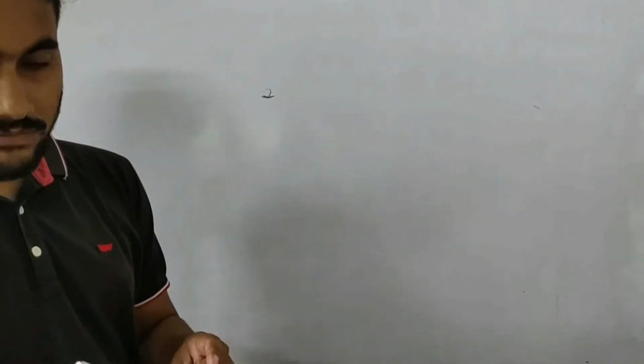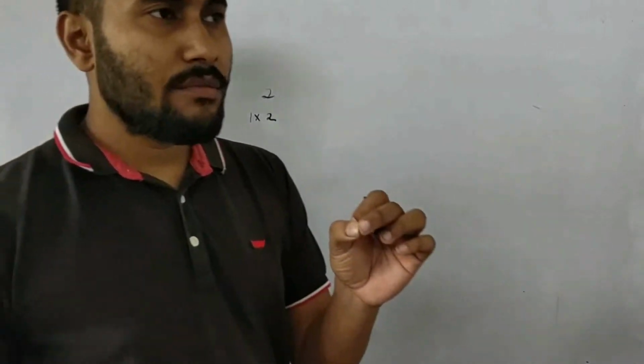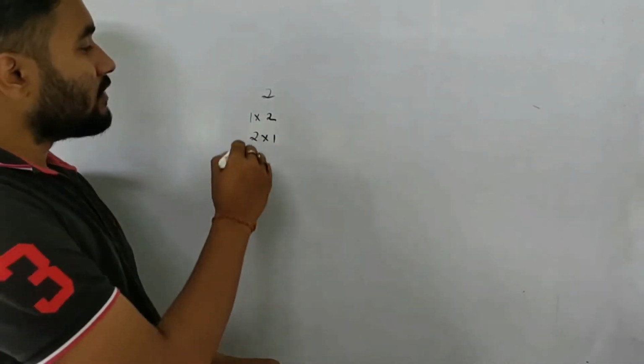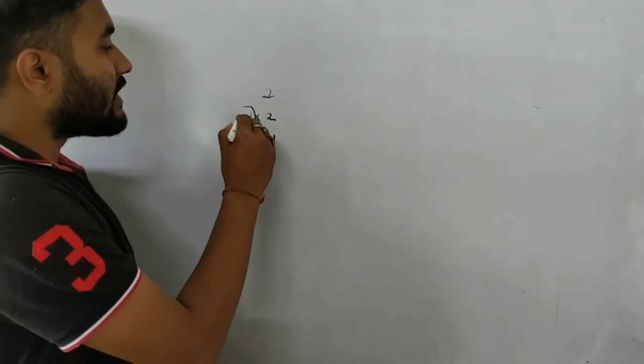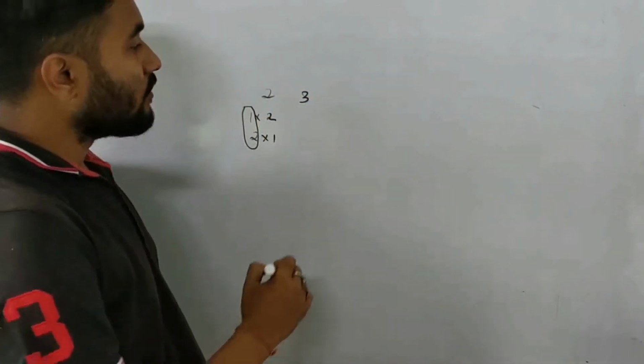Why is 2 a prime number? Because it is divisible by 1: 1 times 2 is 2, and 2 times 1 is 2. So only 1 and the number itself. 3 is a prime number. Why?